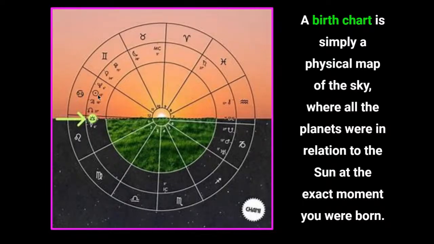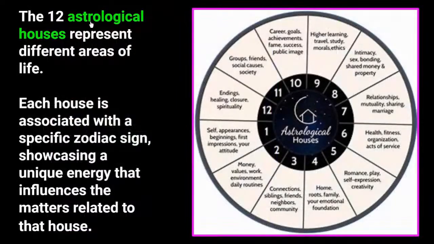The 12 astrological houses represent different areas of life. Each house is associated with a specific zodiac sign, showcasing a unique energy that influences the matters related to that house.